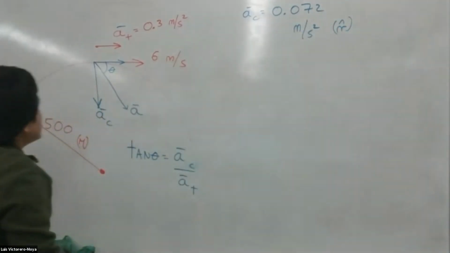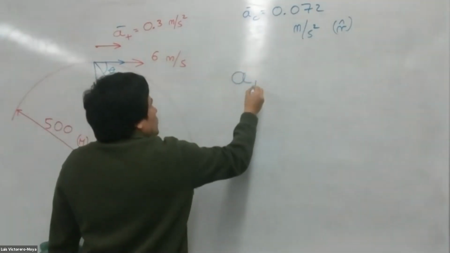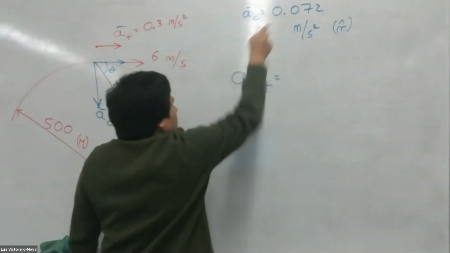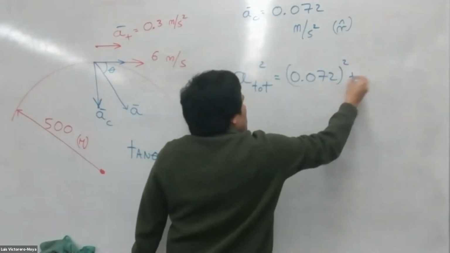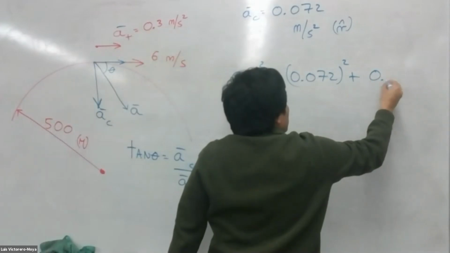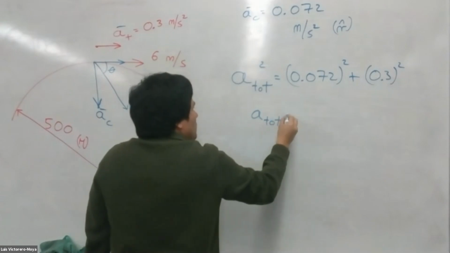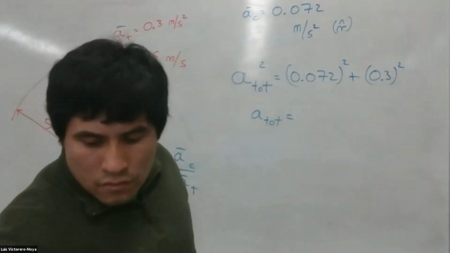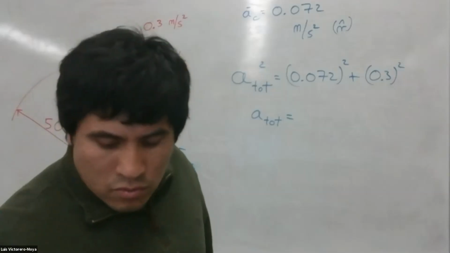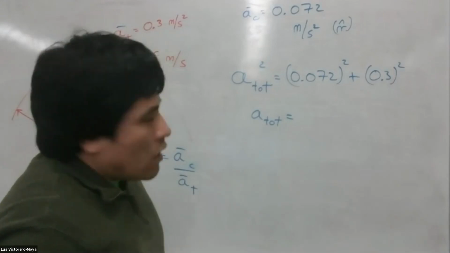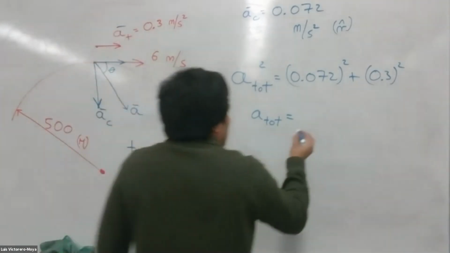The radial vector there. The total is this squared plus 0.3 squared. So the total acceleration is the square root of 0.005184 plus 0.09, which is about 0.31.